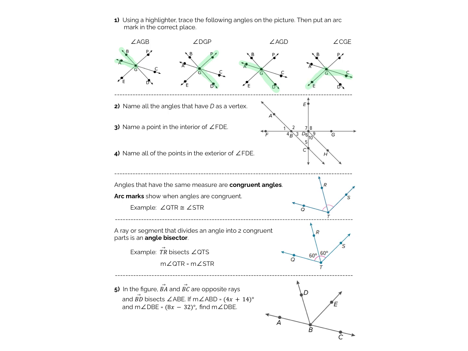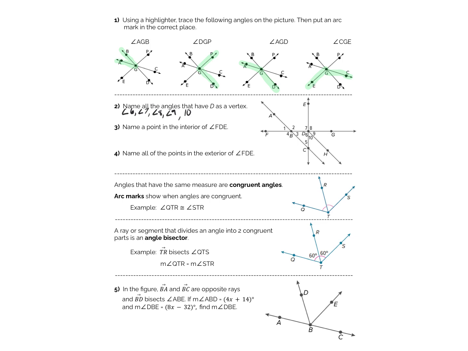So we're going to name all the angles that have D as a vertex. Well, of course, we could call that angle 6, angle 7, angle 8, angle 9, and angle 10. All those have D as a vertex.